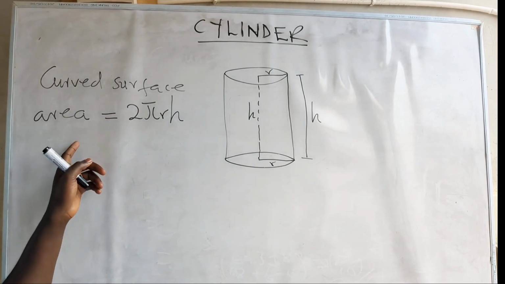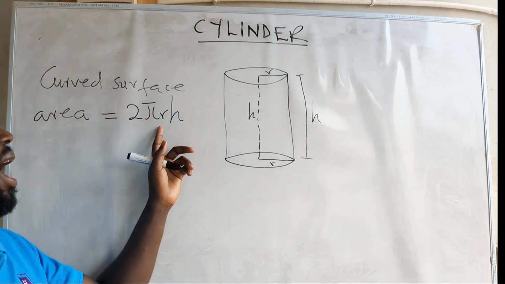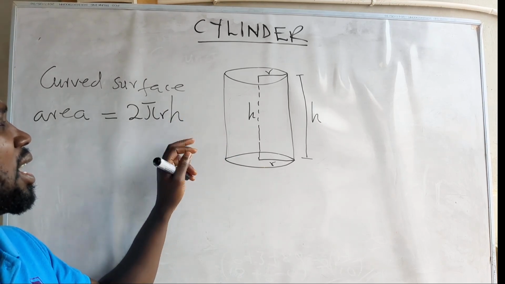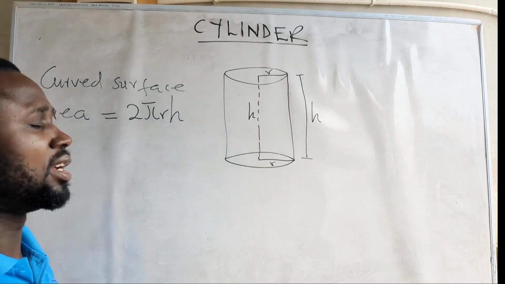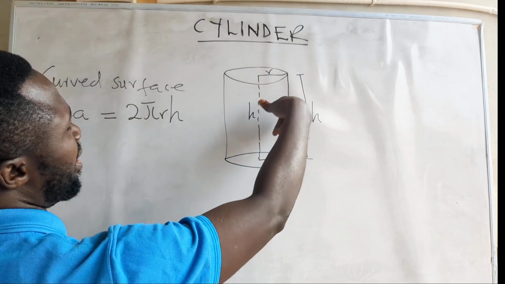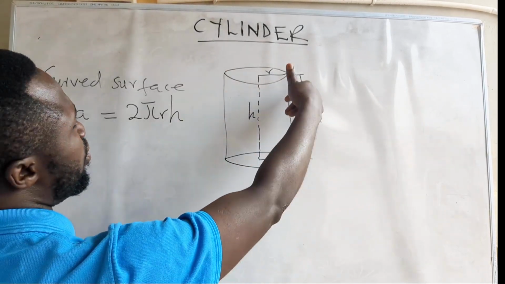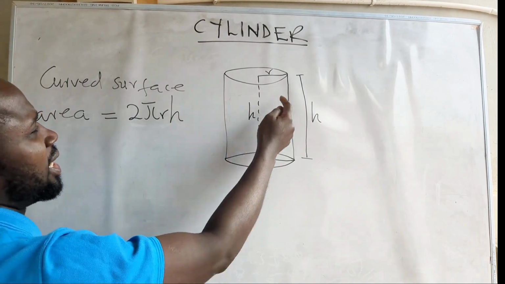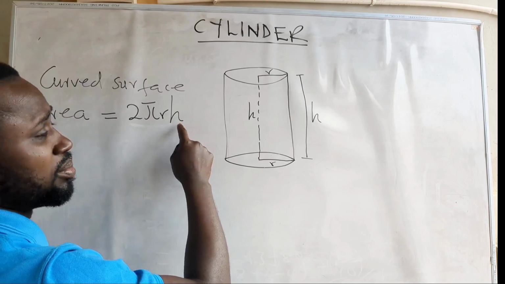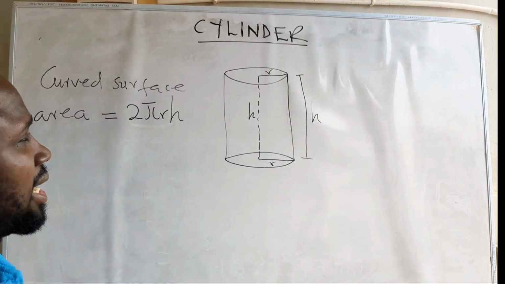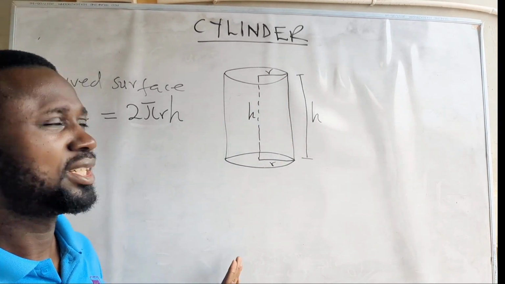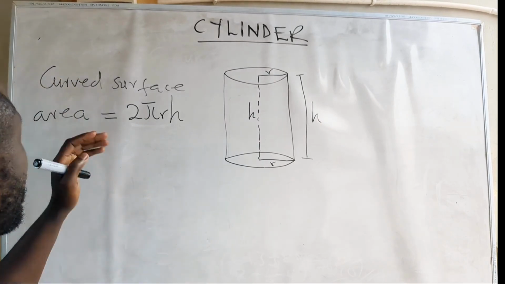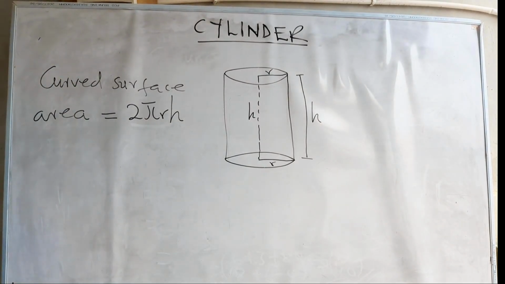So our curved surface area becomes 2 pi r h. That is the area around the cylinder. When you go around, you have gone the circumference of a circle, which is 2 pi r, and then you multiply by the height, because the cylinder has a height. So simple: the circumference times the height of the cylinder. That is the curved surface area of the cylinder.